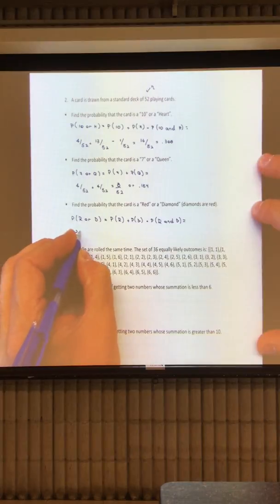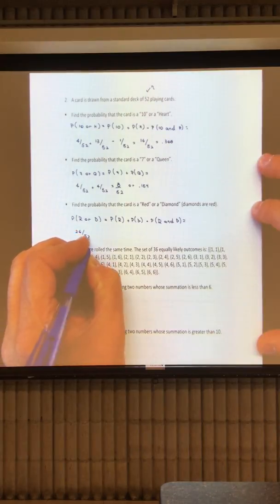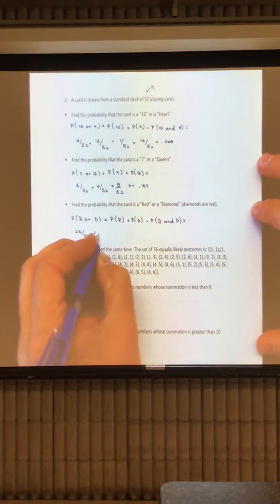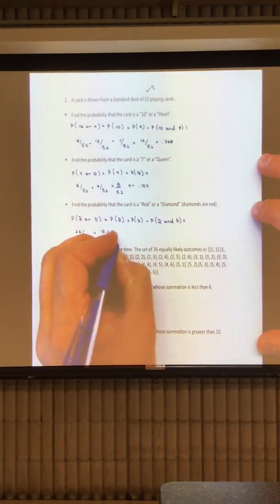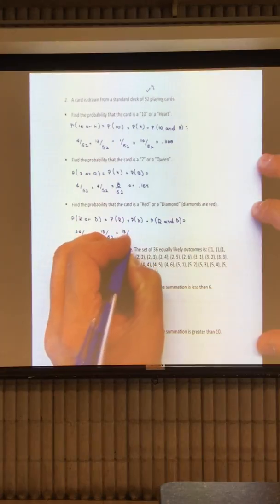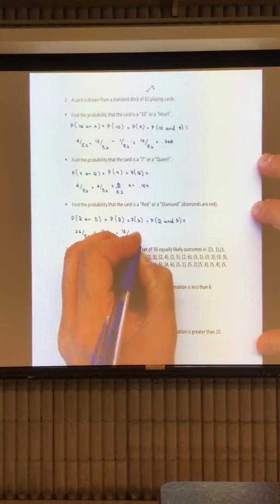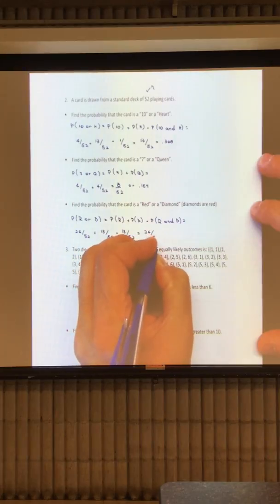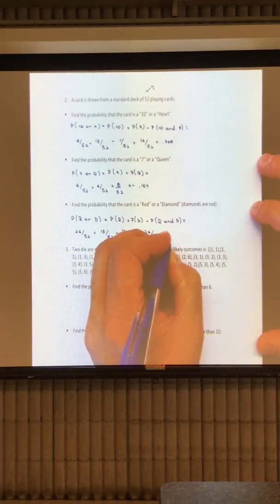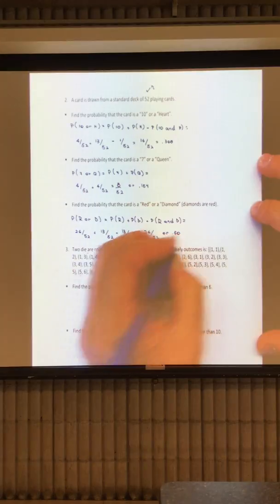So this is 26 over 52 plus 13 over 52 minus 13 over 52. After you do the calculations, this is 26 over 52, or 0.5.